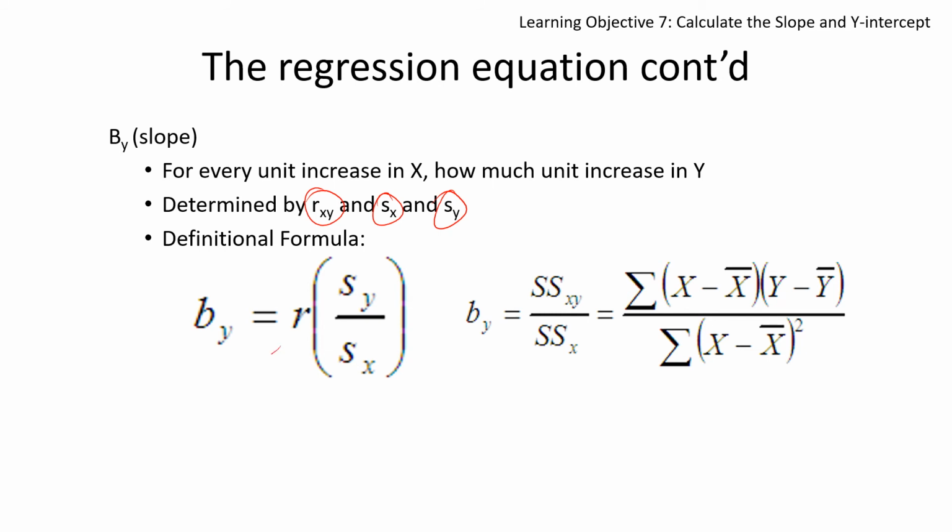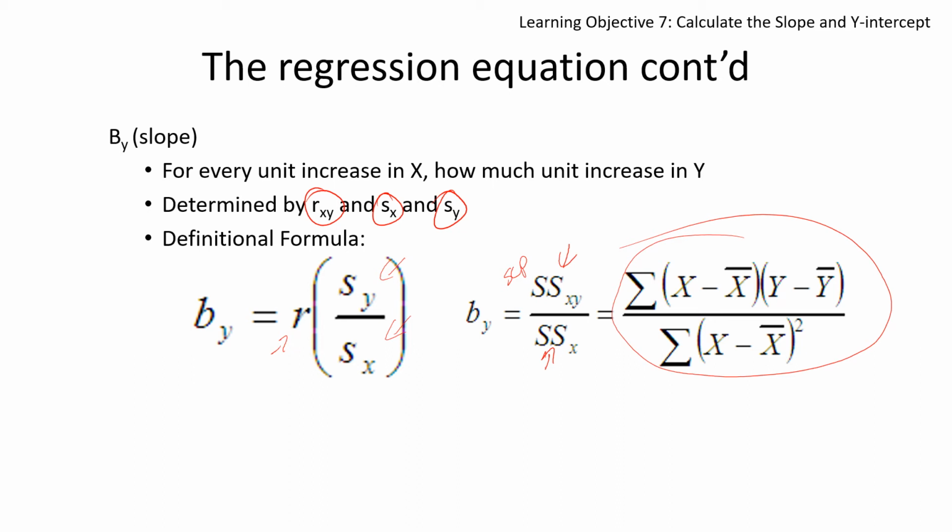You can take r times the standard deviation of y divided by the standard deviation of x, or you can do the SSXY, which you recall was the sum of cross products, divided by the sum of squares x. That is another way to do it. You'll notice already that for the sum of cross products divided by the sum of squares x, I had computational formulas for both of those to make those easier, so you can just do that.